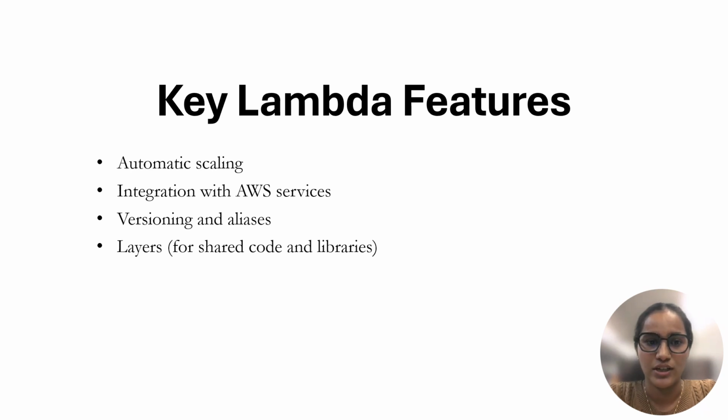Third is versioning and aliases. You can publish multiple versions of your code and create aliases like dev or prod. Last one is layers. These let you reuse code or dependencies across functions instead of copying them into every function. These were the four main features of Lambda.